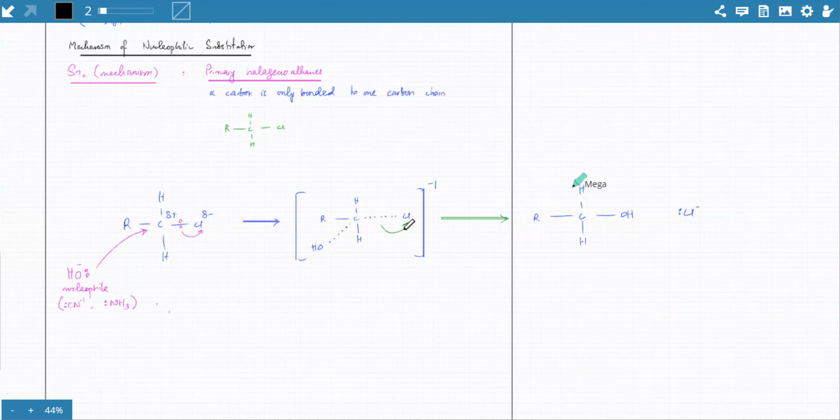Remember, this is just a transition state, in which carbon is partially bonded to 5 atoms.